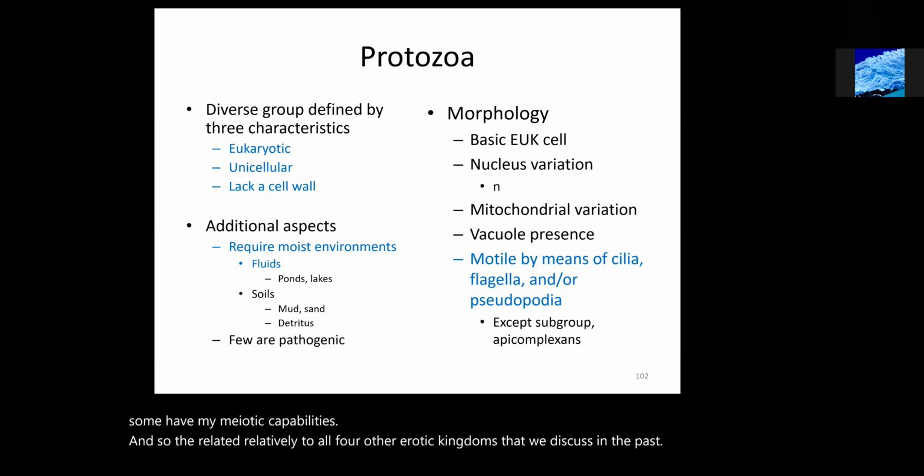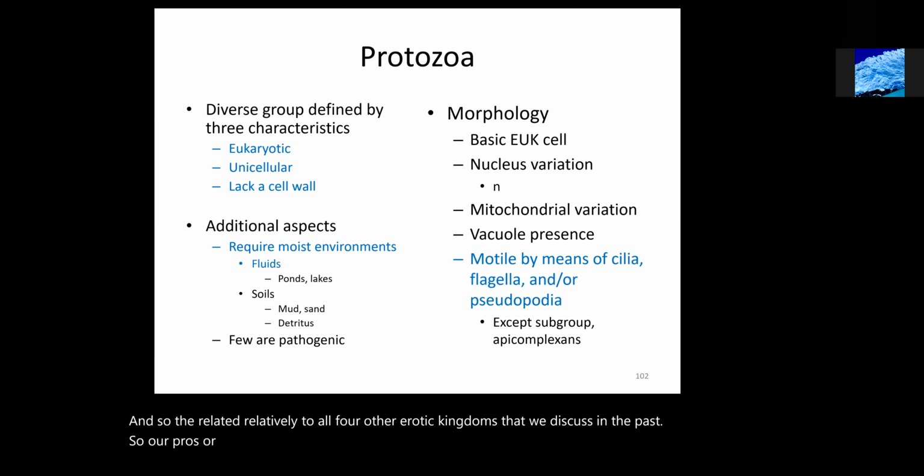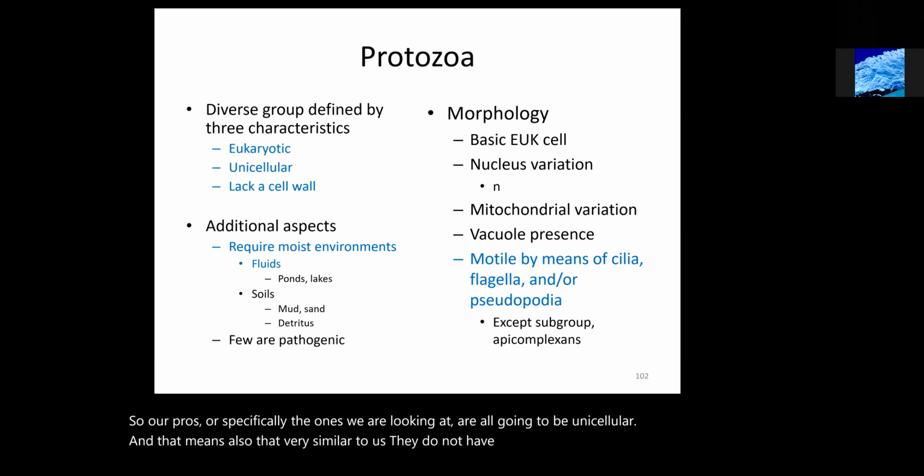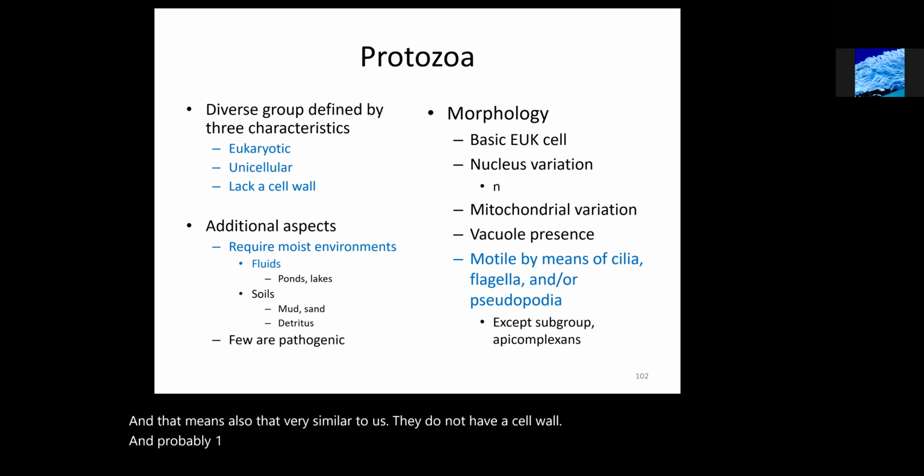So our protozoa, specifically the ones we are looking at, are all going to be unicellular. That means also that, very similar to us, they do not have a cell wall. And probably one of the most critical things in microbiology altogether, not even just these organisms, is that these all require water. More than anything else, they require some sort of liquid or moist environment to move.